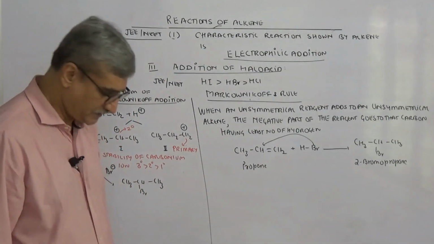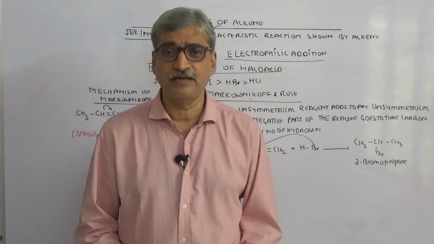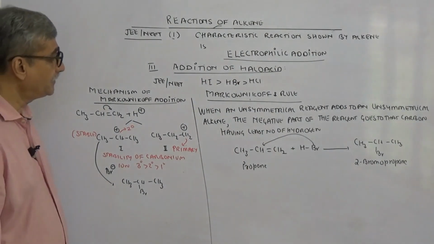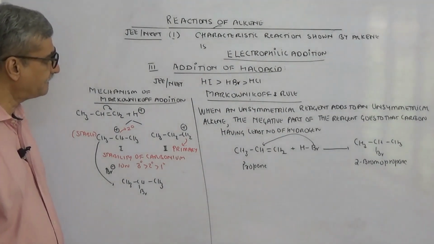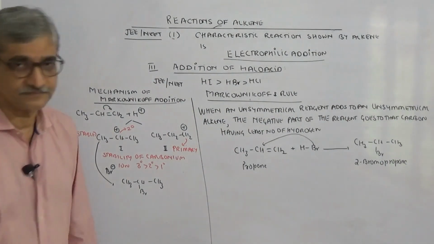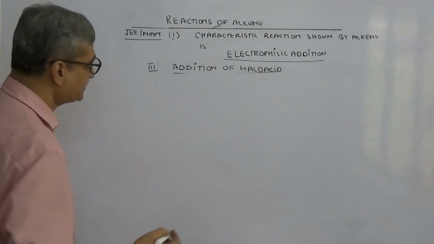Now along with Markovnikov's reaction, we have something else called the peroxide effect or Kharasch-Mayo effect. Is this clear? That would be called anti-Markovnikov addition. So we continue the addition of halo acid.